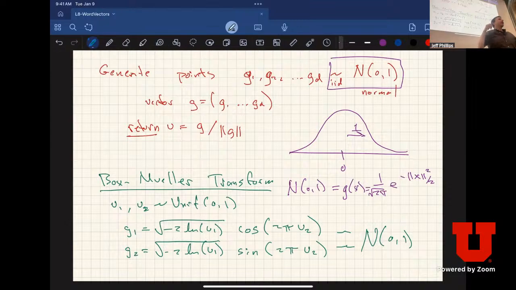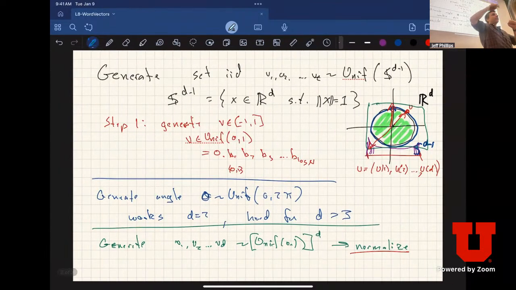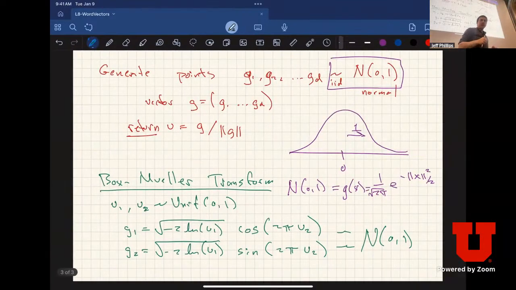That means that if I normalize the vectors, unlike on the square, because it's the same distribution along any one-dimensional subspace, I get exactly uniform unit vectors on the sphere. This is how you do this in the homework, and it's in section 5.31 in the notes as well.